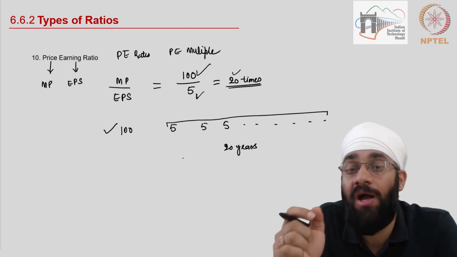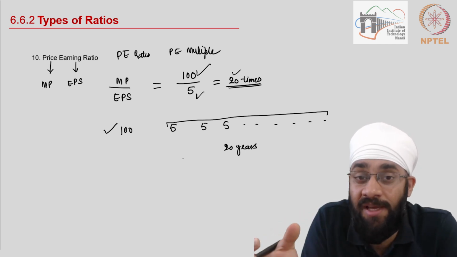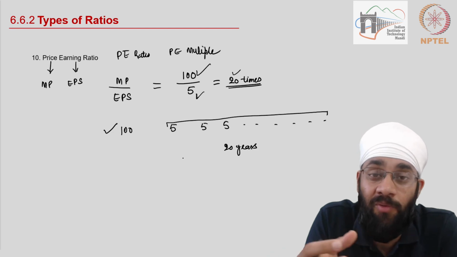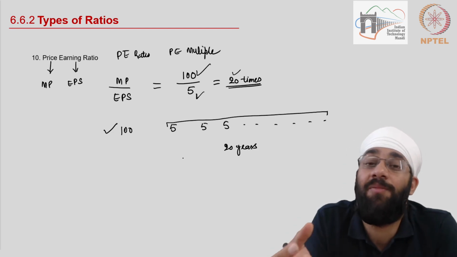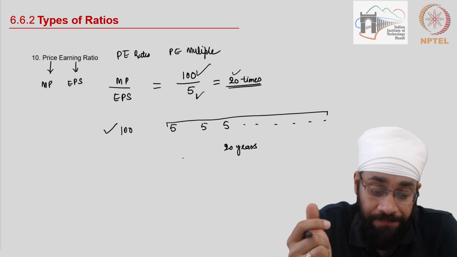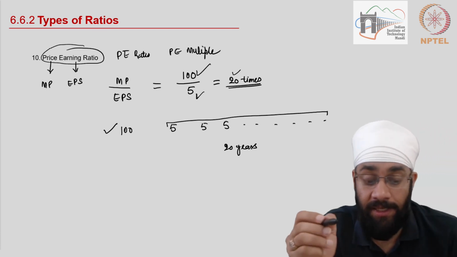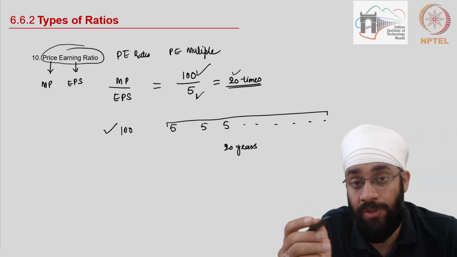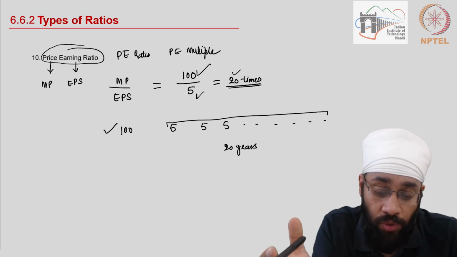However, too high a PE ratio may also mean that the investors have over-expectations. Too many people want to purchase the share, so the price is going up, but the earning potential may not necessarily be that much. PE ratio is also used in valuation of companies, but that is beyond the scope of this course.